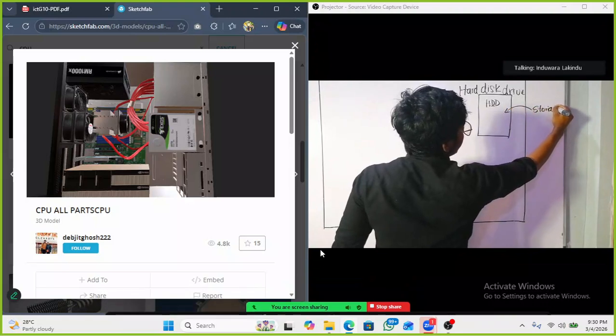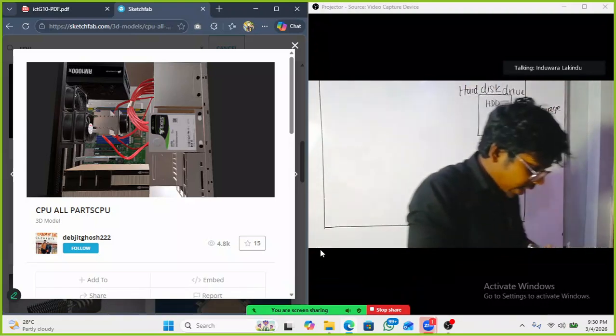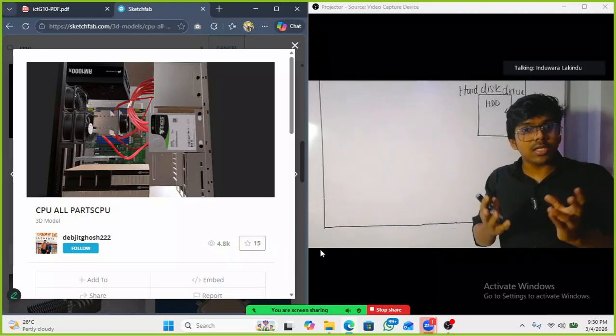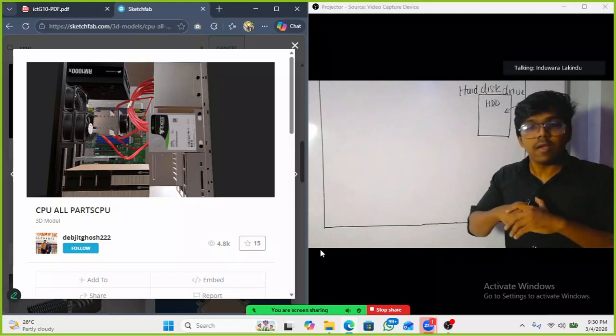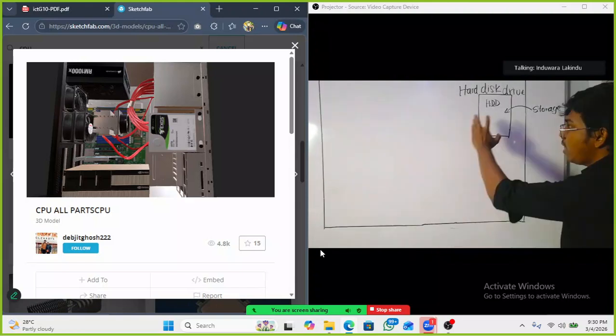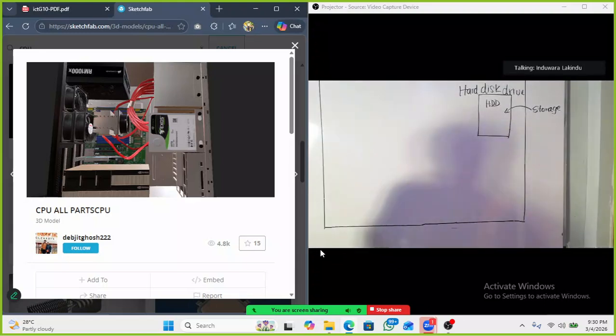This is our main storage. We store our operating system, our files, your images, your selfies, everything. Everything is stored in the hard disk.